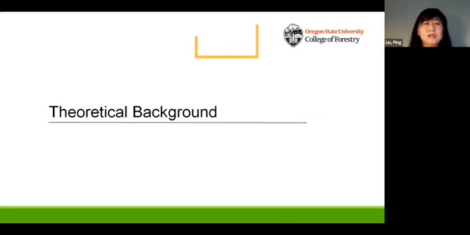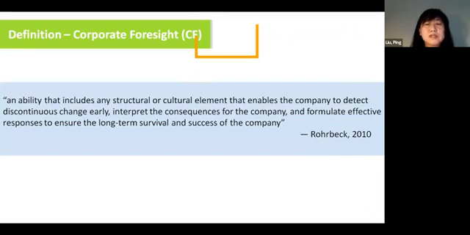Next, I will talk about the theoretical background, and I will start with the definition of corporate foresight and open innovation. Corporate foresight is defined by Rohrbeck in 2010 as an ability that includes any structural and cultural element that enables the company to detect continuous change early, interpret the consequences for the company, and formulate effective responses to ensure the long-term survival and success of the company.